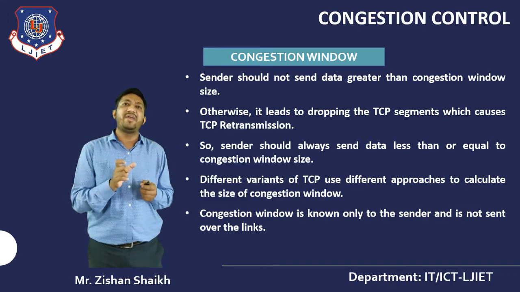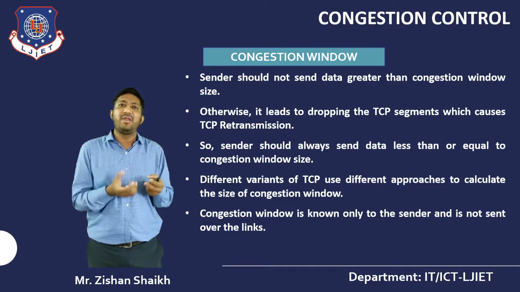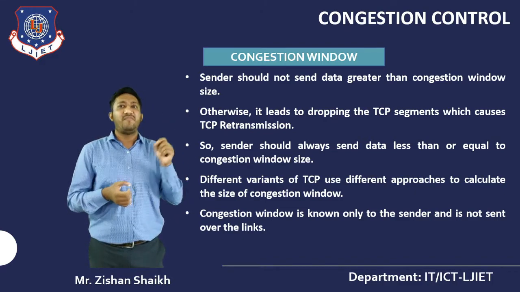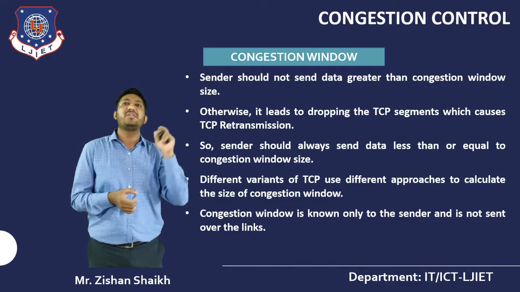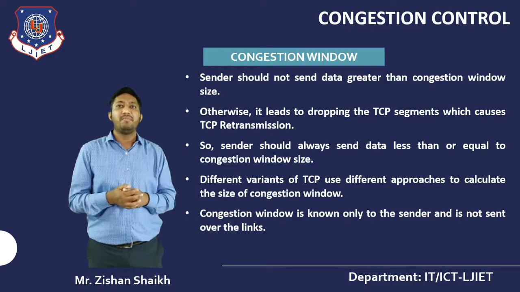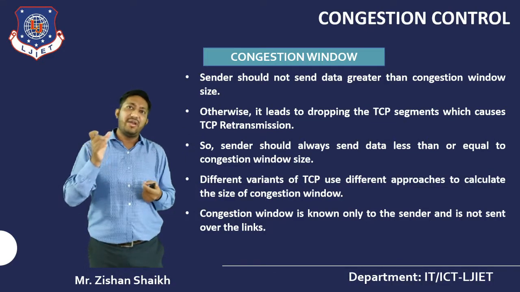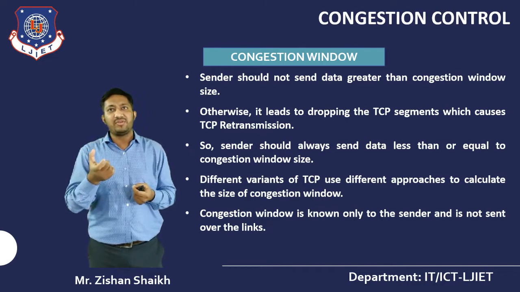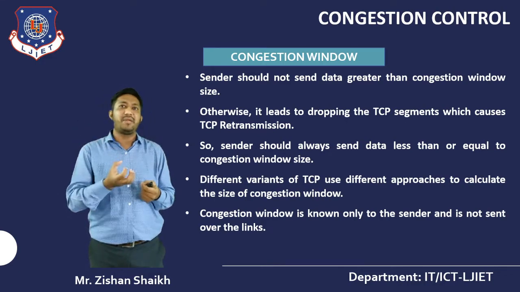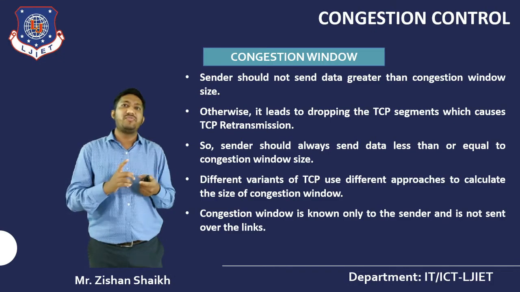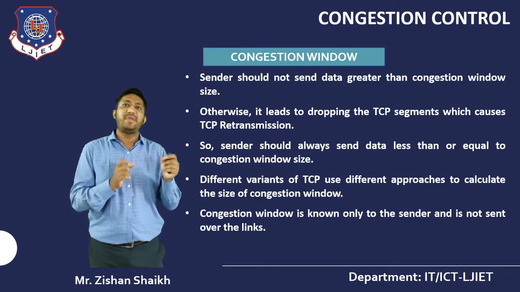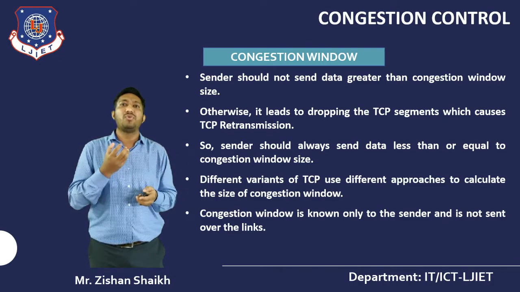So the sender should always send data less than or equal to the congestion window size. Different variants of TCP are used here to calculate the congestion window. First we have to define how the congestion window will be calculated, because the congestion window is not a predefined size. We already predefined the window size that the receiver accepts, but the congestion window is used when the flow exceeds the speed and the data flow is not maintained.